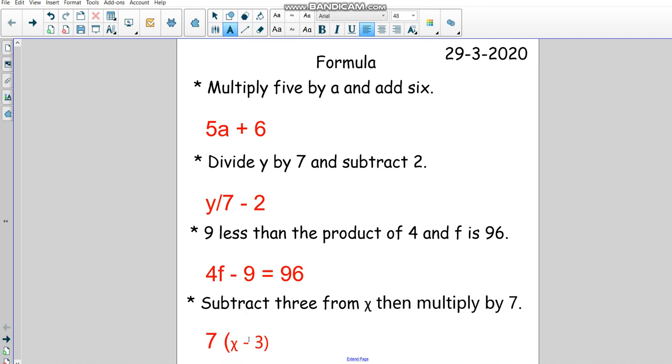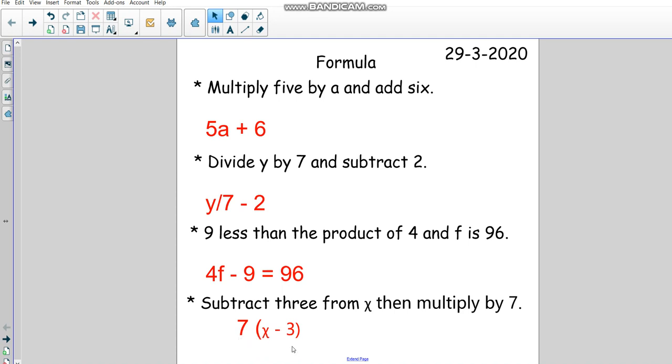Okay, let's clarify this expression: 7 times x minus 3. First of all, you must know that subtract 3 from x means I will take the 3 away from the x. That's why I said x minus 3, not 3 minus x.